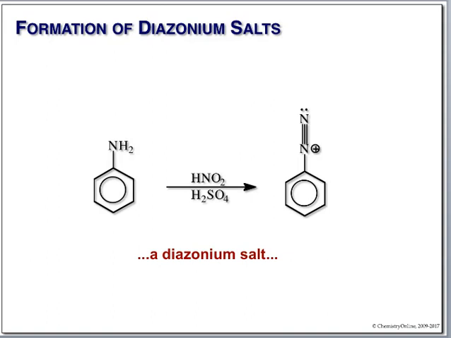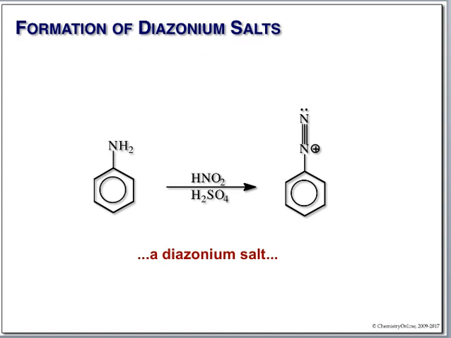Now, this is all done in solution, so you never isolate this stuff. Clearly, as you look at this, the nitrogen wants to leave, doesn't it? So this is an extremely reactive compound. This is HNO2, not 3, nitrous acid, and again, a diazonium salt is what it's called.